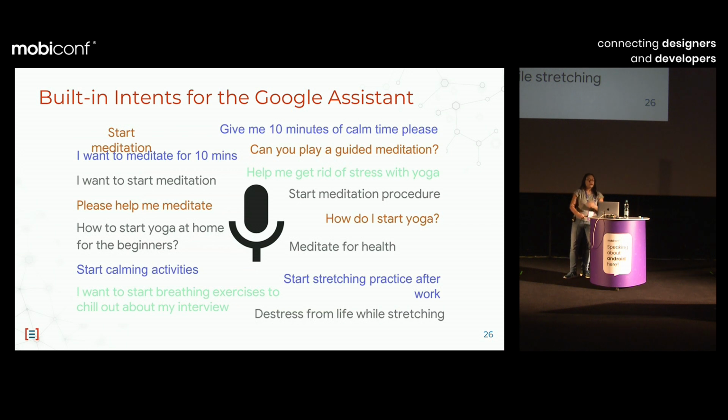And then us as developers, when you develop something for the Google Assistant, you have to actually list all of the variants of the ways in which the user is going to express himself. And it can be a bit boring and really not very interesting.